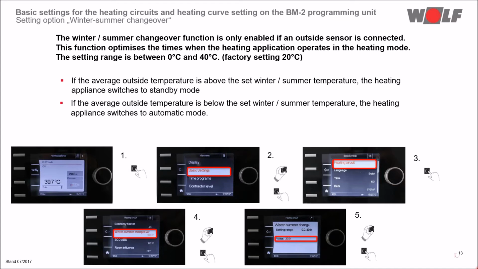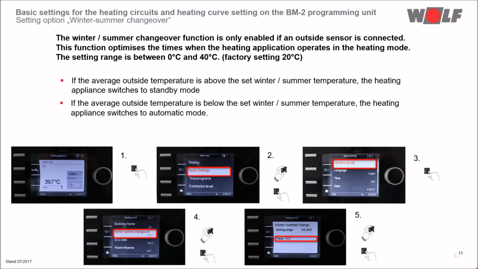The Wolf factory setting is 20 degrees. If the average outside temperature is above the set winter-summer temperature, the heating appliance switches to standby mode. If the value is below the set winter-summer temperature, the heating appliance switches to automatic timer mode.